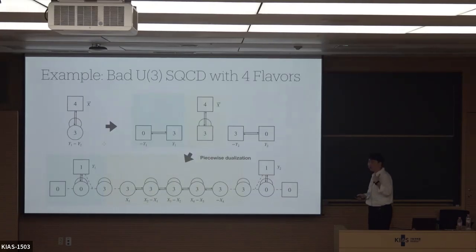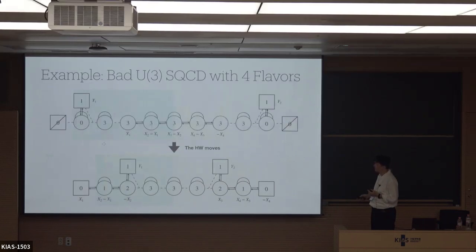Okay, so I do exactly the same procedure. Just decompose the theory into the blocks and dualize each component. So this becomes this, and this becomes this. And then I apply the Hanany-Witten-like move to this component. So this becomes this.